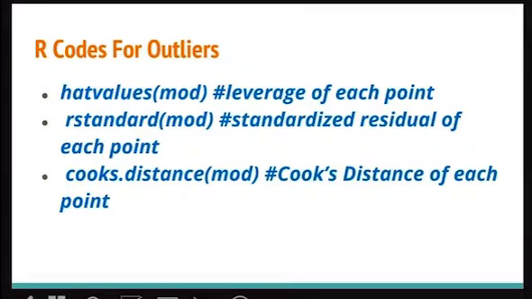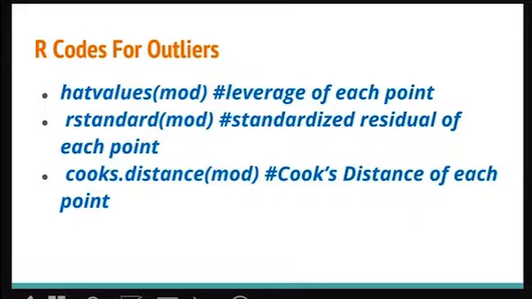Now, I also want to talk about outliers. In addition to the assumptions that we have, assumptions of linearity, normality, constant variance, we also have assumptions about unusual observations, like outliers and high leverage.